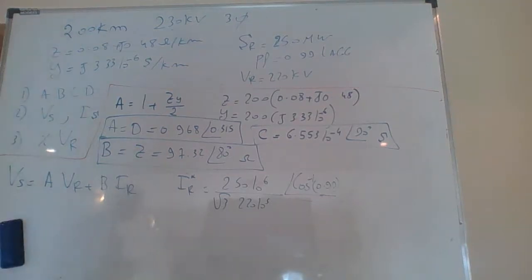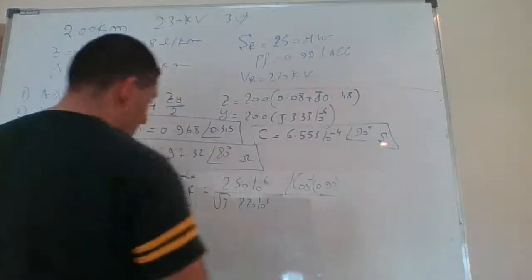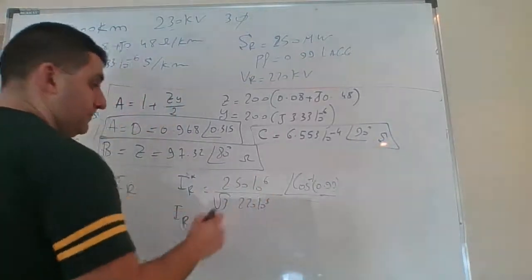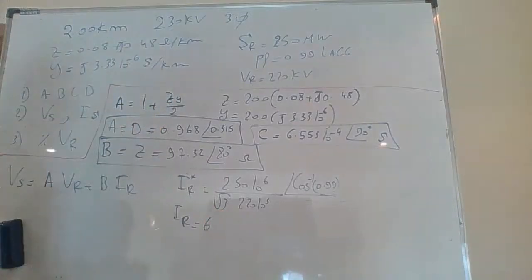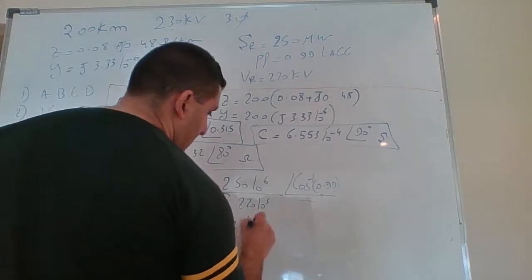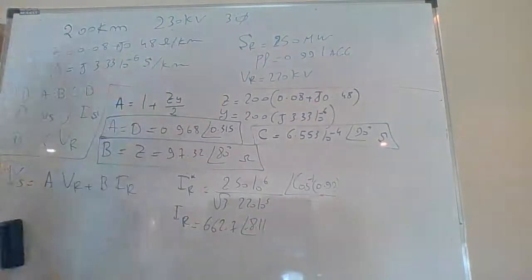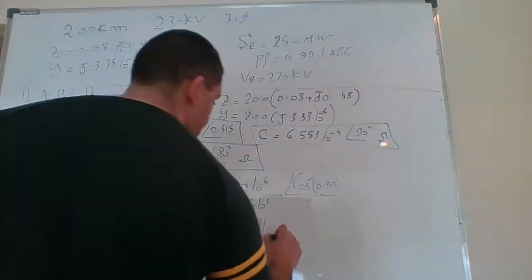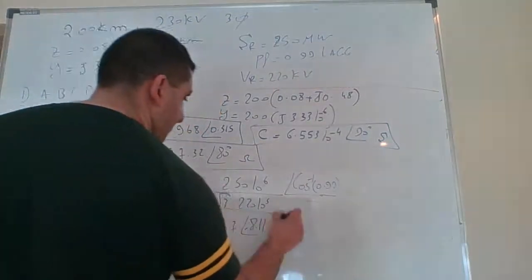So the answer will be 662.7. So now IR will be 662.7, minus angle of 8.11 degrees. This is IR.